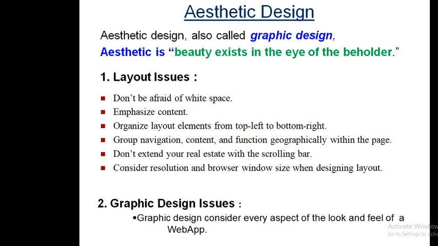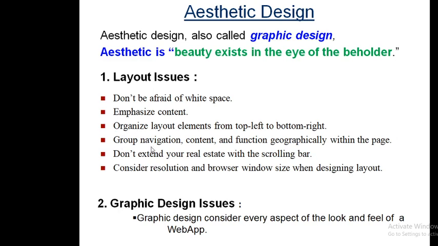Whenever a human wants to go through anything, he first goes to the starting point at the top left. From there he moves gradually and comes to the bottom right. So that's why when you are organizing the elements in the web application, you must organize those elements from top left to bottom right. This is your third one.